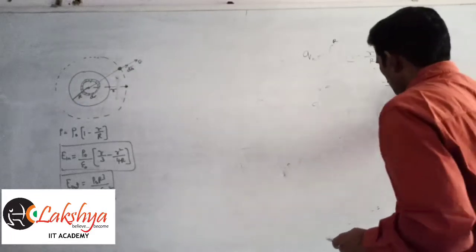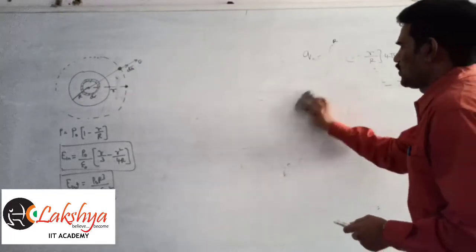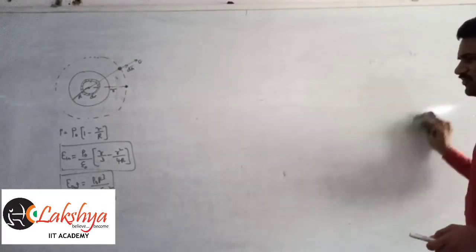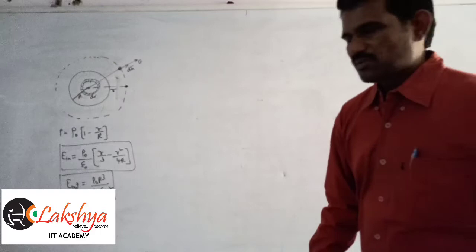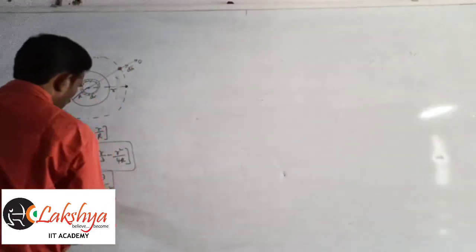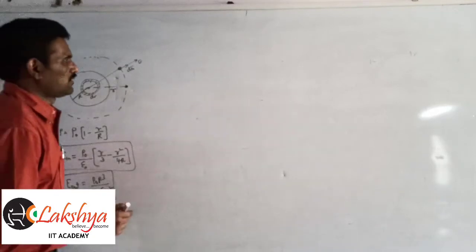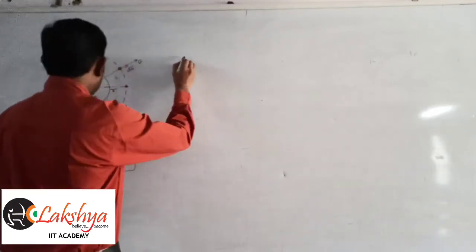That indicates the field is decreasing with r square, that is, inversely proportional to r square. So there is no chance of the field becoming maximum here. The field outside the sphere goes on decreasing when the r value is increasing. So there is no possibility to get the maximum value outside. The possibility is there for the inside.